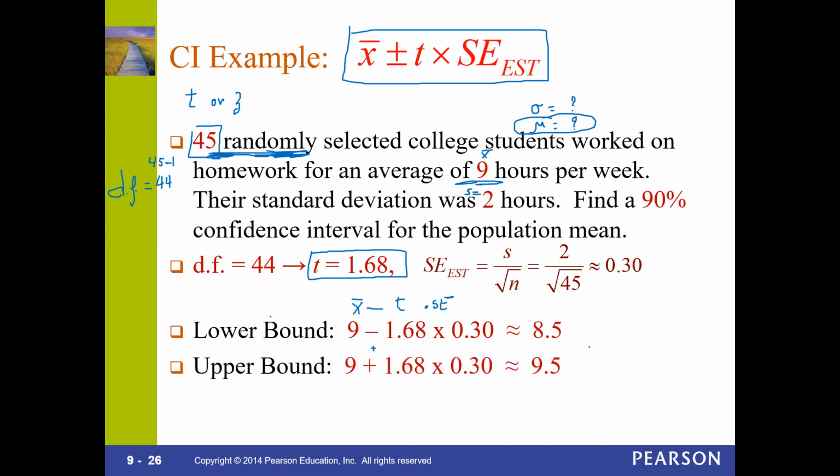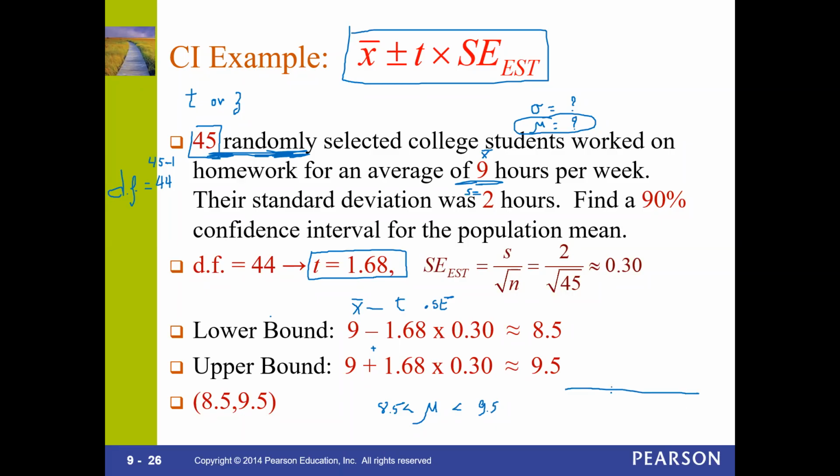So what we have now means that mu is a value that can be between 8.5 and 9.5.